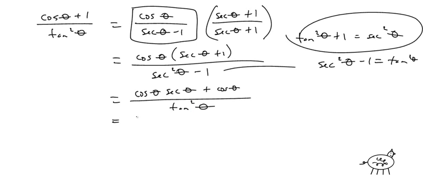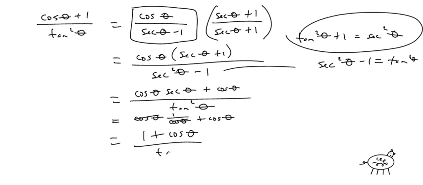Okay, so we can keep going here. Cosine of theta, 1 over cosine of theta, plus cosine of theta. Alright, and that guy cancels, so I actually get 1 plus cosine of theta over tangent squared of theta. And you really want to rewrite it. You could have done that in the first place.